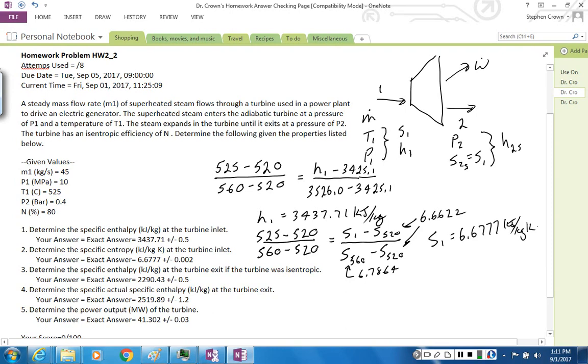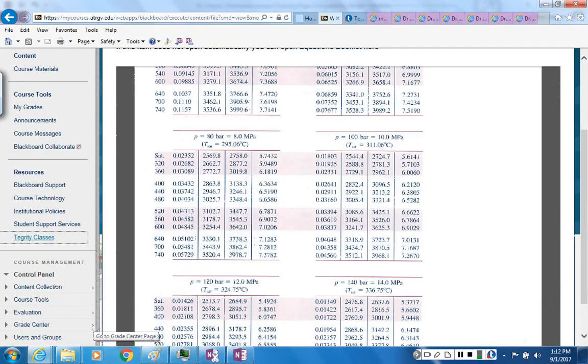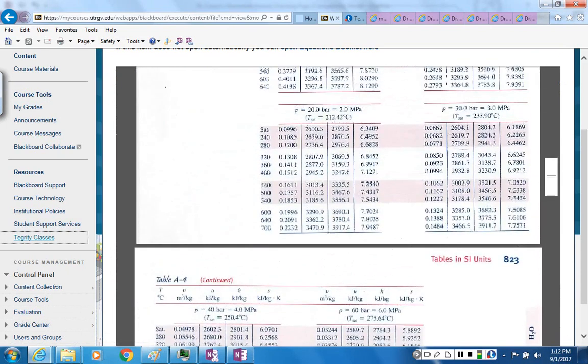Okay, now I want to find H2, so if I know P2 and S2, I can then find H2S. So to do that, I'm going to go back to the tables. I'm going to look at my pressure 2, which is 0.4 bar, or 0.4 MPa rather. Let's scroll up to that value.